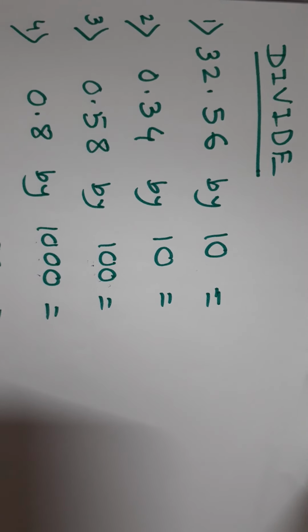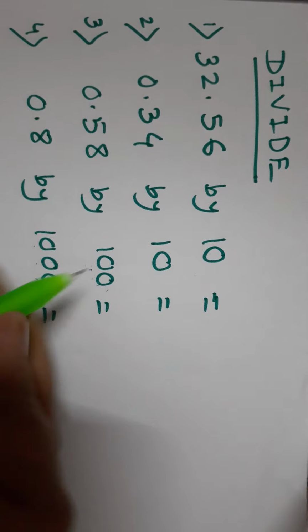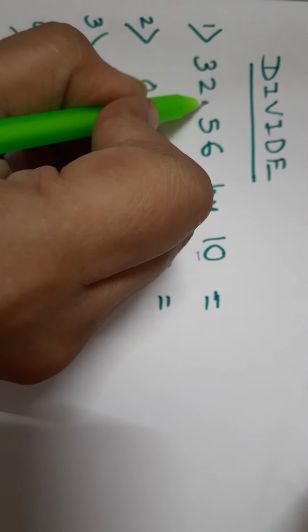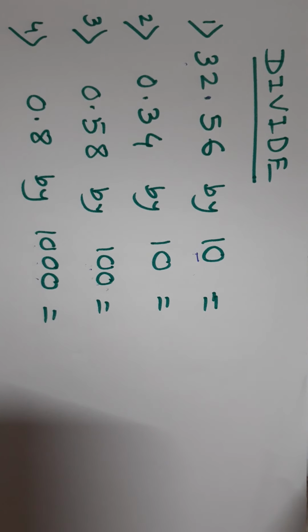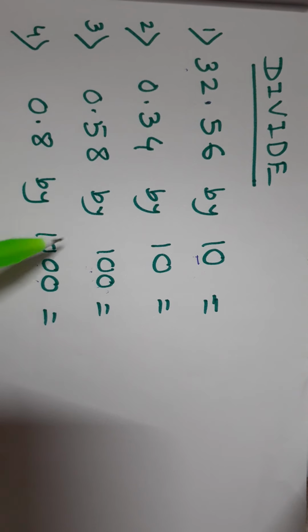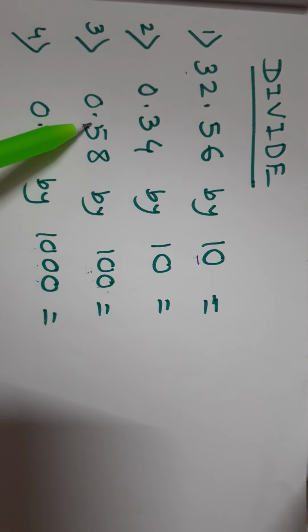We have to divide 32.56 by 10. In this case only 1 zero is present, so we will shift this decimal point to the left side by only one decimal place, and we will get the answer. Similarly for this one also, we have to shift this decimal point.